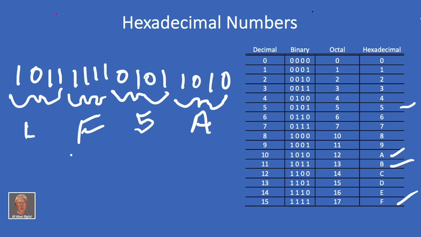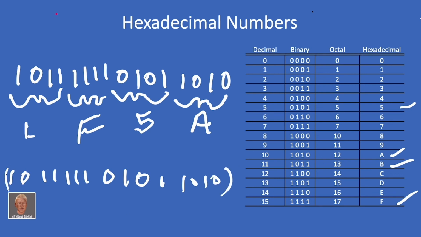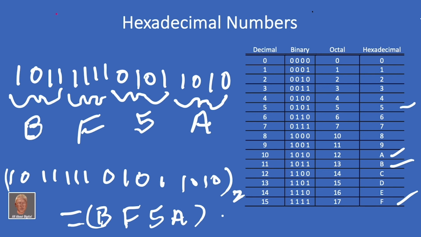So this number up here, 1011, 1111, 0101, 1010, base 2, is equal to B, F, 5, A, base 16.